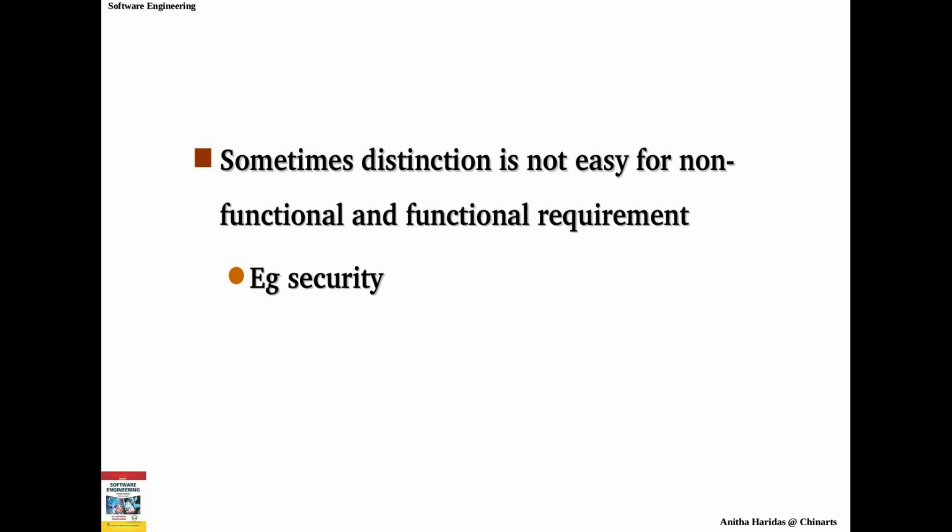At the same time, security becomes one of the qualities of your software, so it becomes a non-functional requirement also. So some requirements can be called functional and also non-functional. One example I quoted here is security.